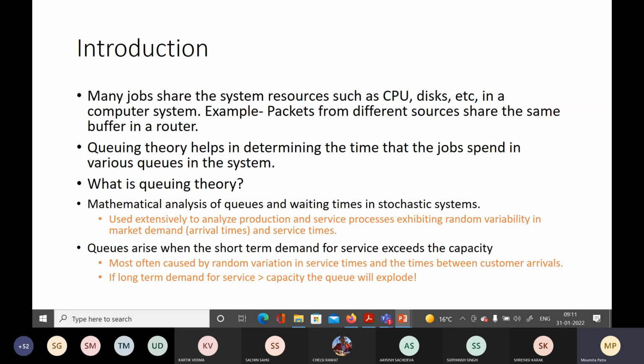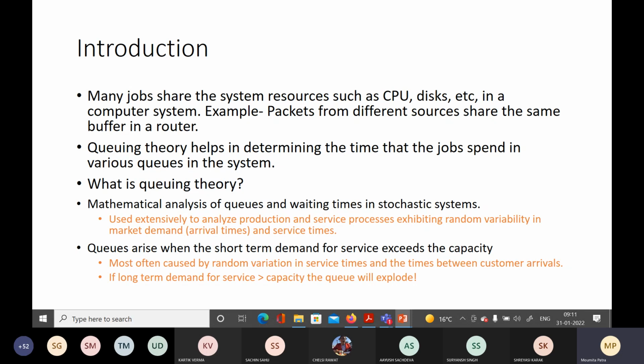If you start doing research in any of these fields, whether computer architecture, computer networks, or any of the so-called computer systems areas, you will find that queuing theory has a very large hand in the analysis of those systems. So that is basically the introduction of queuing theory.